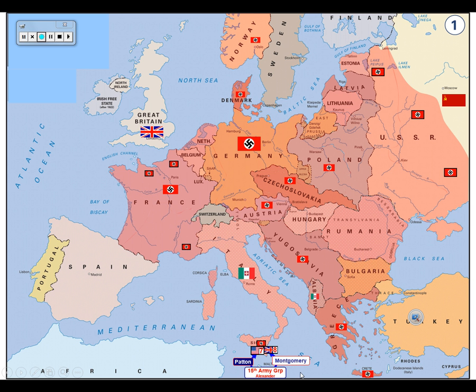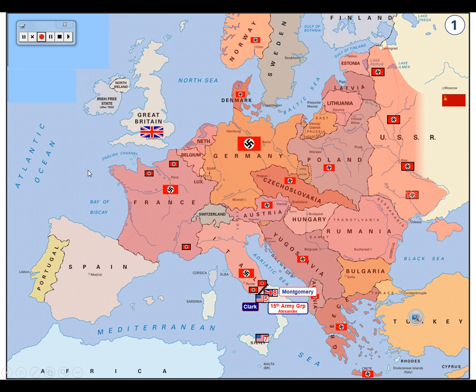George Patton and General Montgomery from England there, moving up into Italy, making progress there as Mussolini's troops run into problems. Still pushing up the boot of Italy like a gangrene on the foot. The Soviet Union pushing back in Eastern Europe, the Red Army versus the Nazis there.